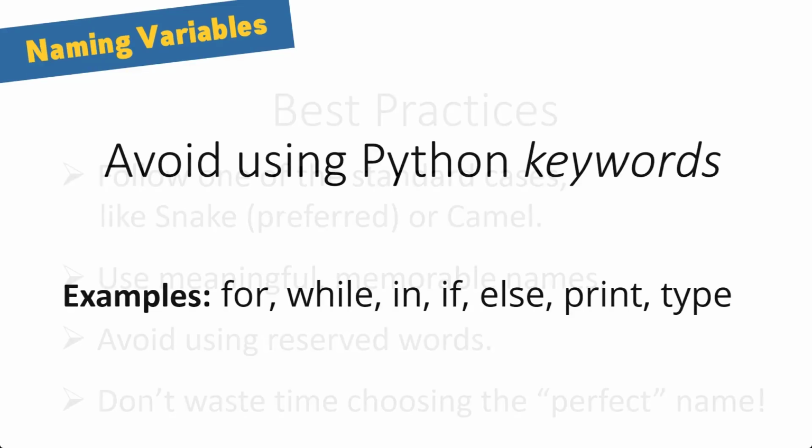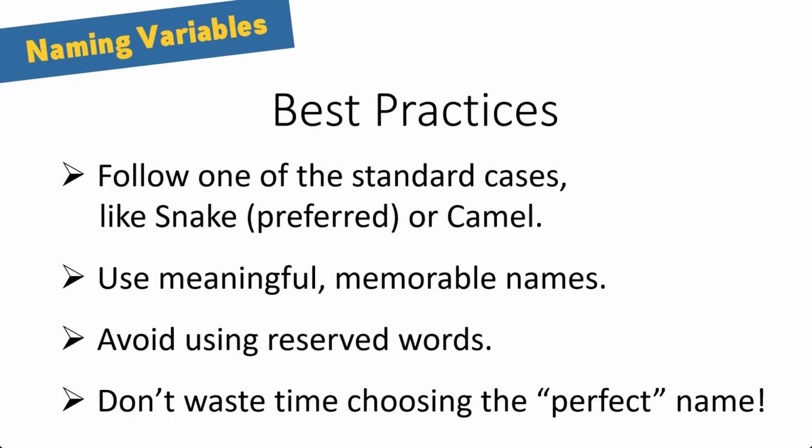Okay, so to sum up, here are some best practices to keep in mind when you're choosing names for variables in Python. Follow one of the standard cases, like snake or camel. I personally recommend snake, as I mentioned previously. Use meaningful, memorable names to make your code easier to understand.